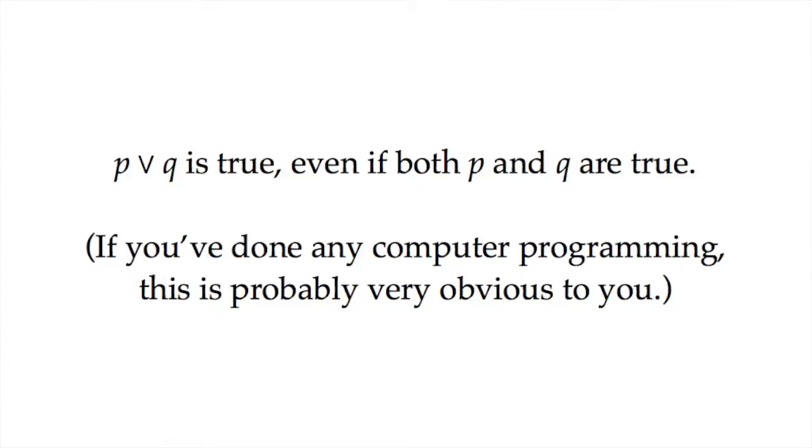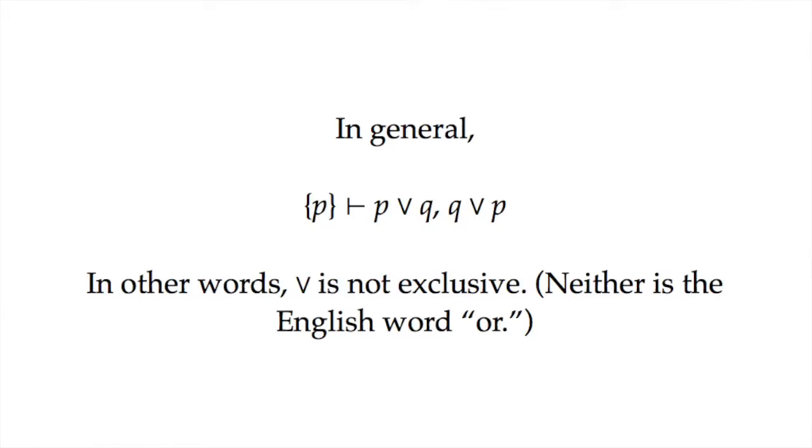In general, here's what this means. If P is the premise in an argument, that proves P or Q, and it proves Q or P. And here's why. Imagine that the statement P is true, and then you have some other statement Q. Well, Q is either true or false.